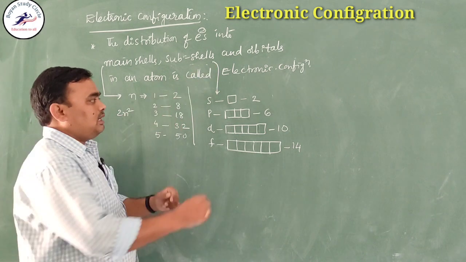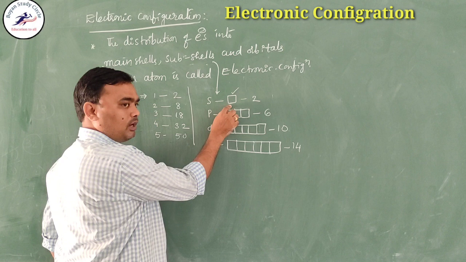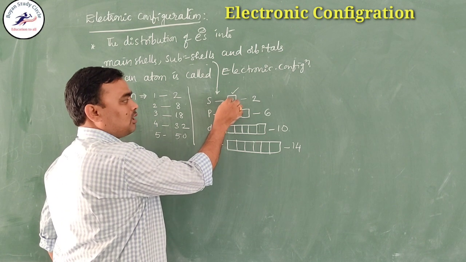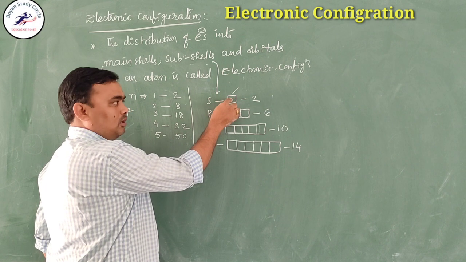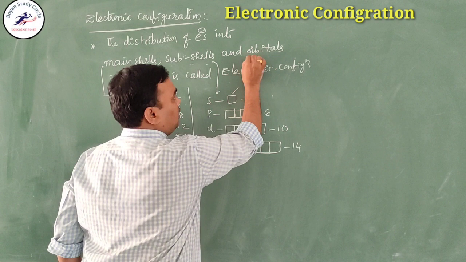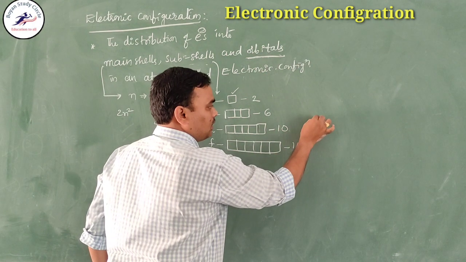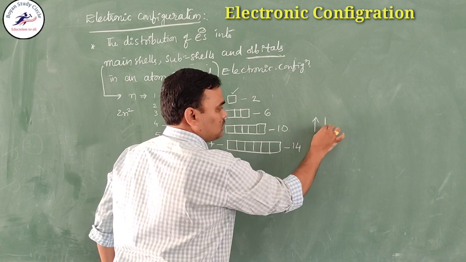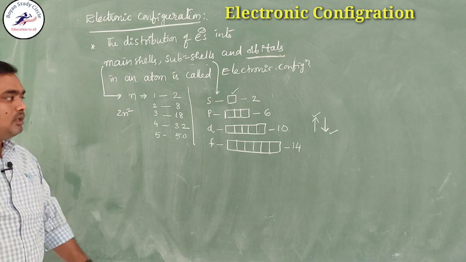In the S subshell how many orbitals are present? Only 1 orbital, and each orbital can be filled with only 2 electrons, so 1 into 2 is 2. Each orbital can be filled with 2 electrons with anti-parallel spins, one clockwise and the other anti-clockwise.